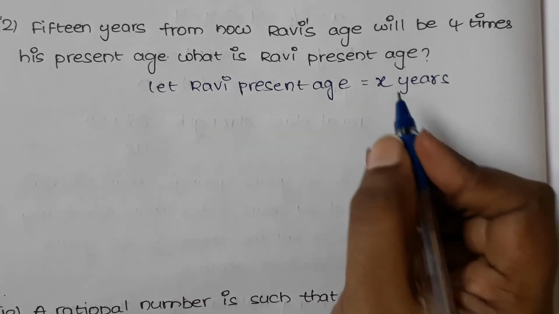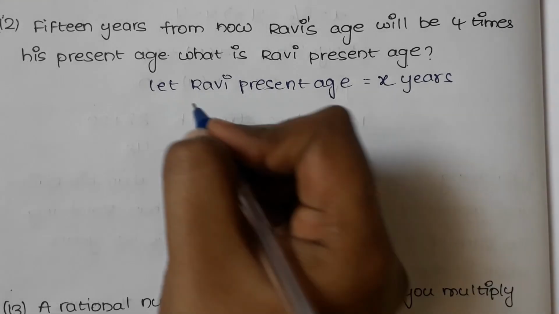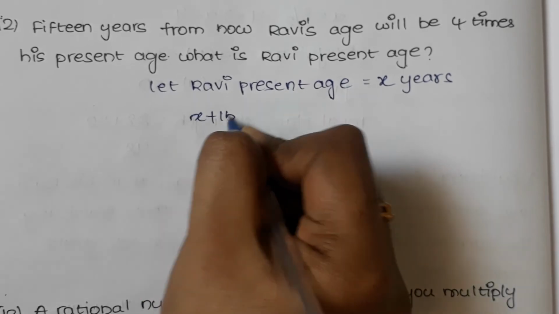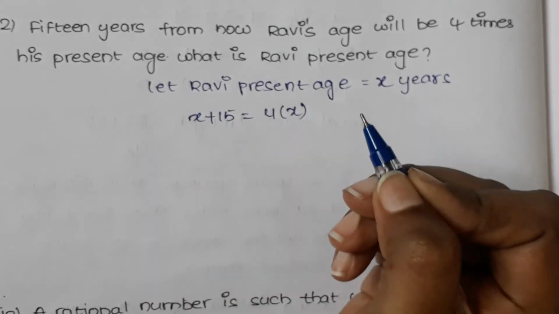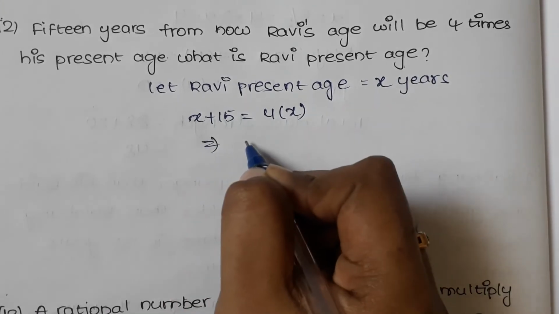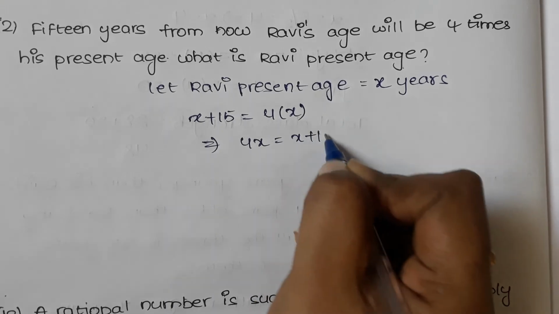That is, after 15 years his age will be x plus 15, that equals 4 times the present age, that is 4x equals x plus 15.